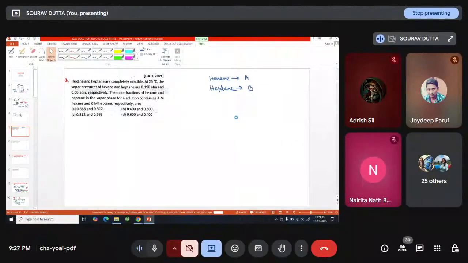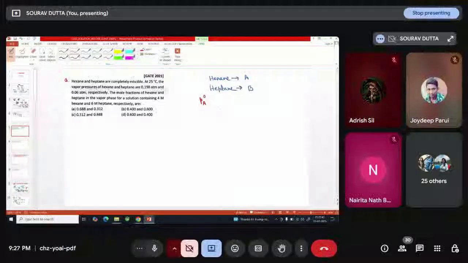So vapor pressure of hexane and heptane is given to you. That is the vapor pressure of hexane, PA naught, equals 0.198 atm. Vapor pressure of B, that is the vapor pressure of heptane, is 0.06 atm. The mole fraction of hexane and heptane in the vapor phase calculate করতে হবে.